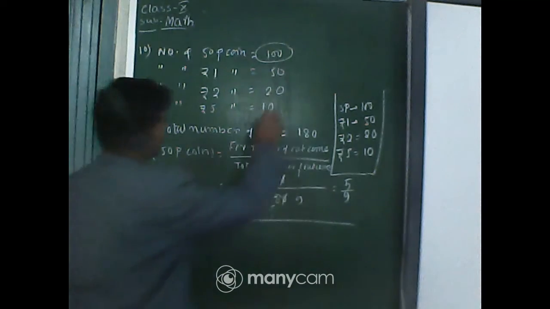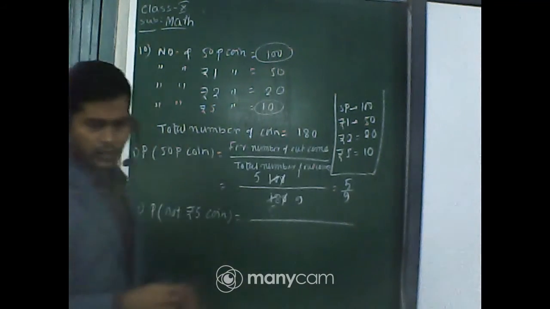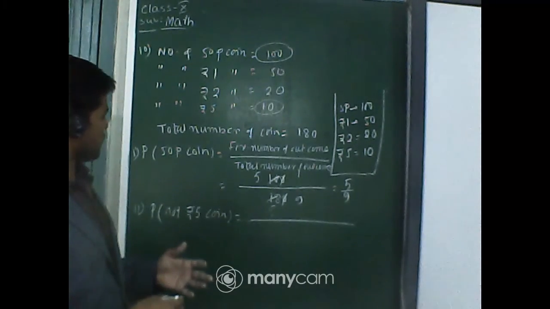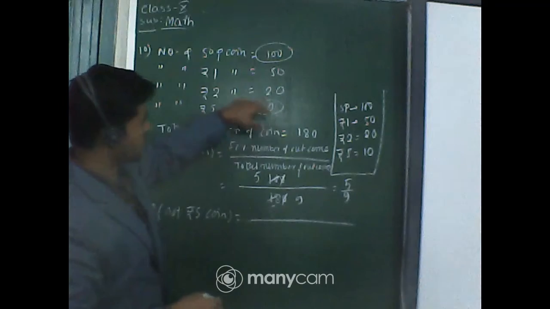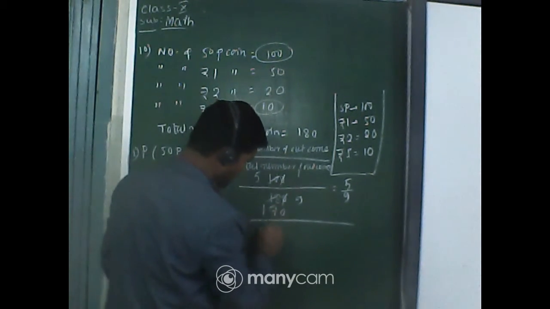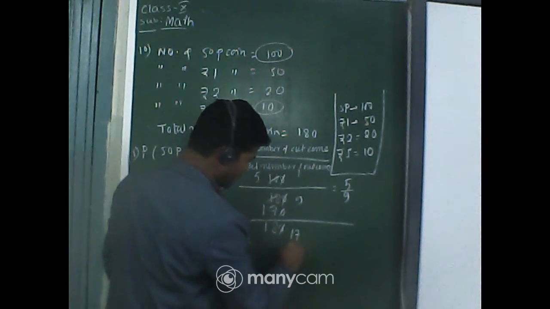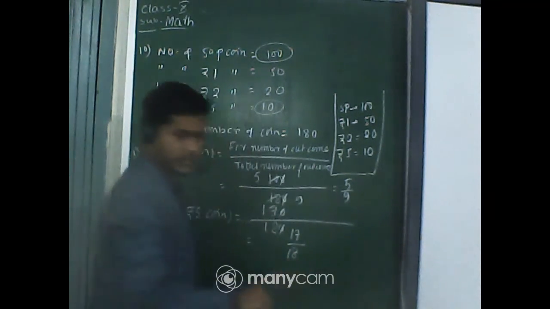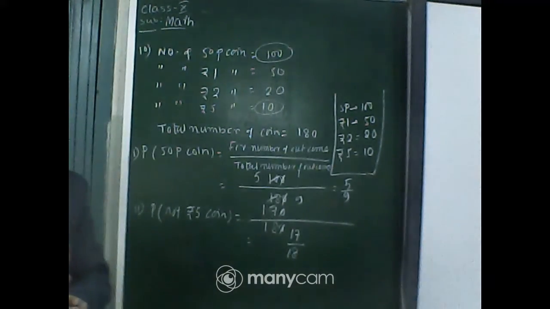Look, there are only 10 5 rupees coins out of 180 coins. So favorable outcome is 180 minus 10, that is equal to 170 divided by 180. So that is equal to 17 by 18. 17 by 18 is the required answer.